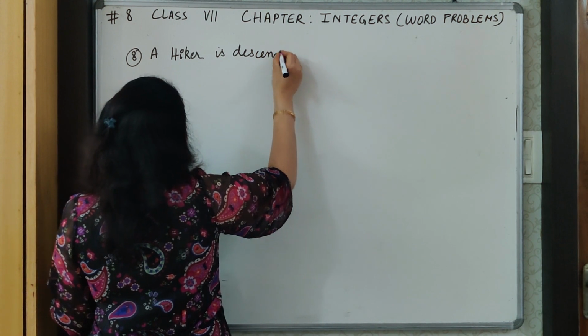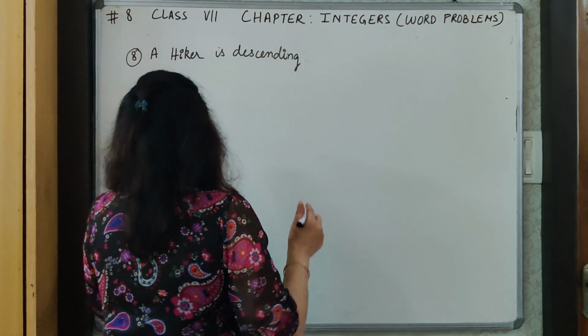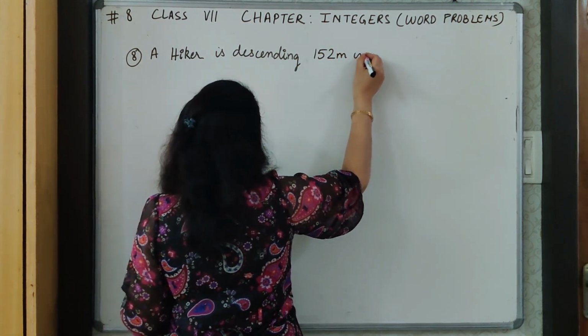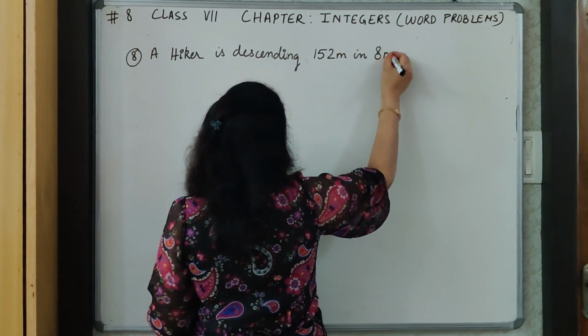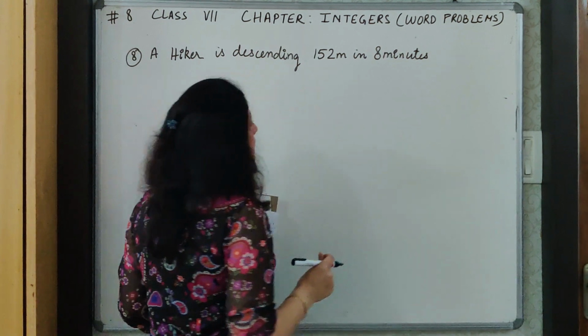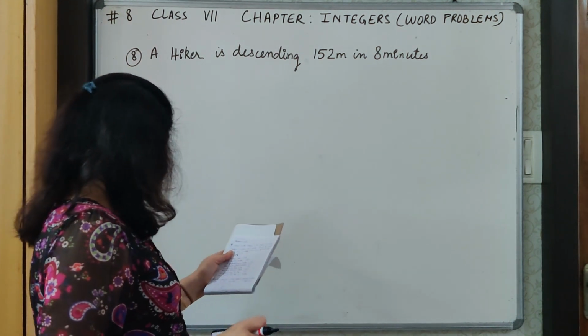Descending means he is coming down from the height. A hiker is descending 152 meters in 8 minutes. Every 8 minutes the hiker is coming down 152 meters.